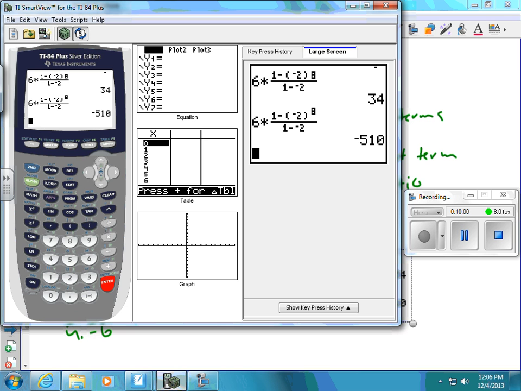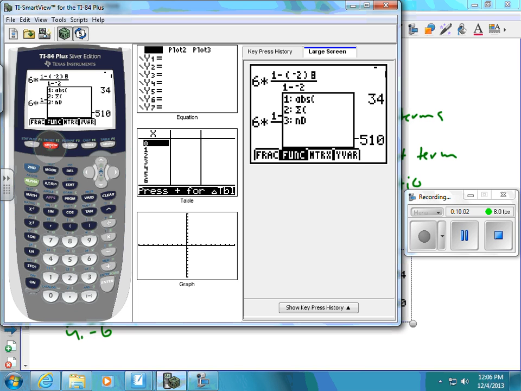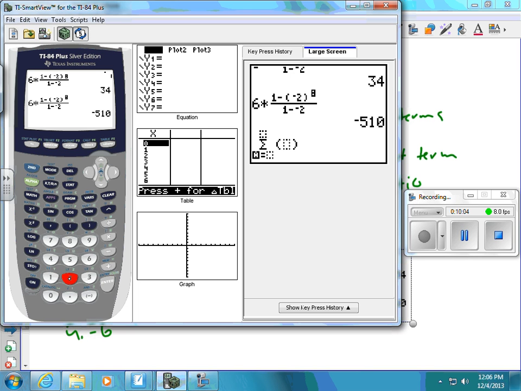Now, we can do this on the calculator as well. Alpha window 2. And we get x equals 1. We go up to here, we put 8. We go into the rule. 6. Now we're going to need the x in parentheses here.